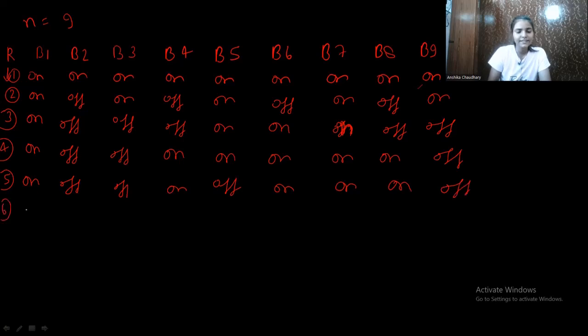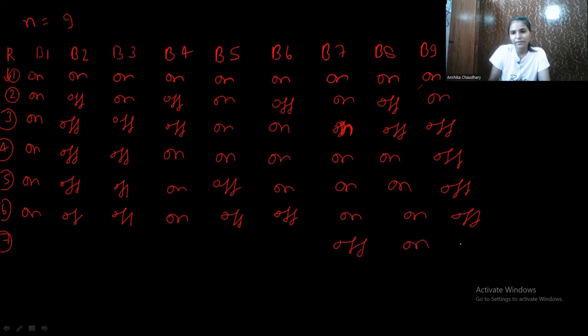At the sixth time the sixth bulb will be toggled. So it is off and the similar ones are on. Now the seventh round, so every seventh bulb will be toggled. So this will be off and the remaining will be as they are. At the eighth iteration, the eighth bulb will be toggled.